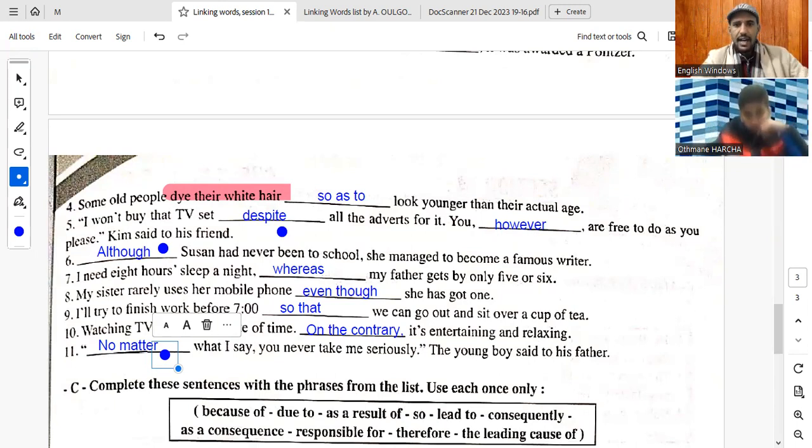Despite. Yeah. Despite, بالرغم. I will buy this mobile phone because this mobile phone said despite all the person is good.